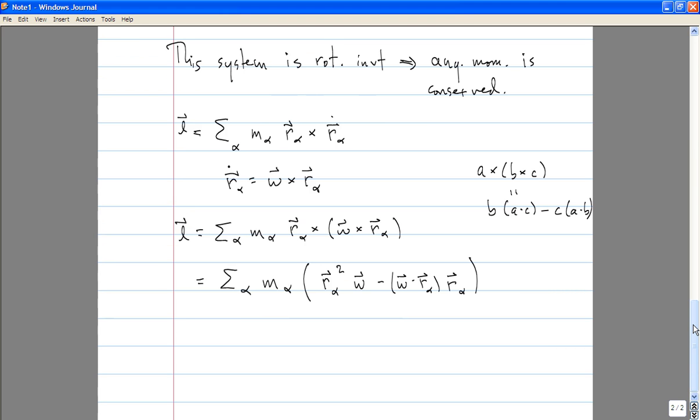So what I would now like to do is note that this, in fact, is a rather familiar object. Let's remember that the inertia tensor was the 3x3 matrix whose components were given by the sum over alpha, m alpha, r alpha squared, delta ij, minus r alpha i r alpha j. And the angular velocity vector was the vector whose components were omega i.